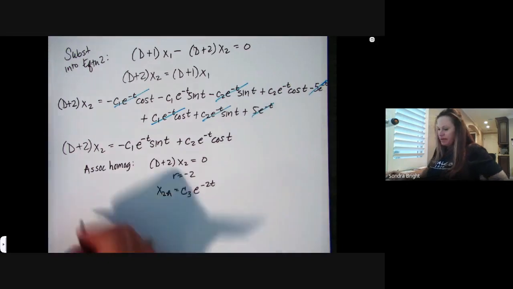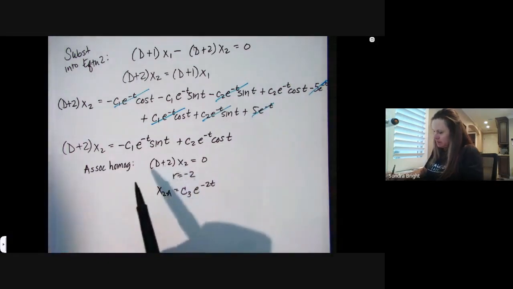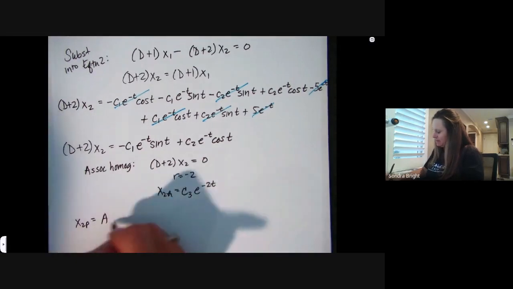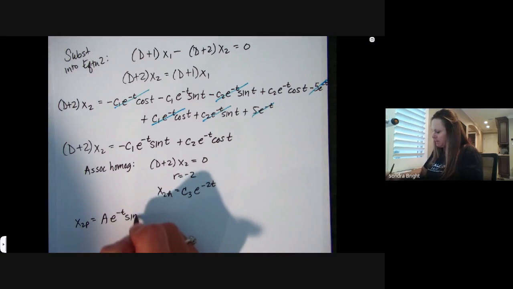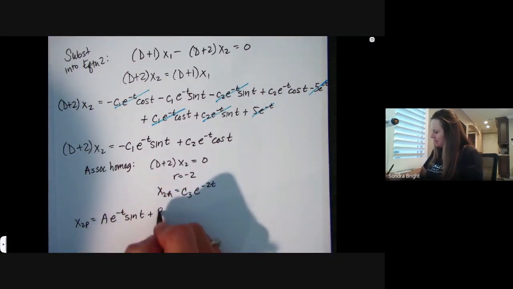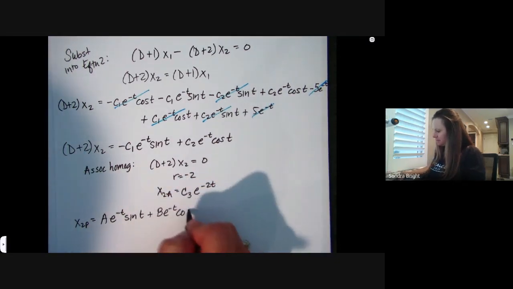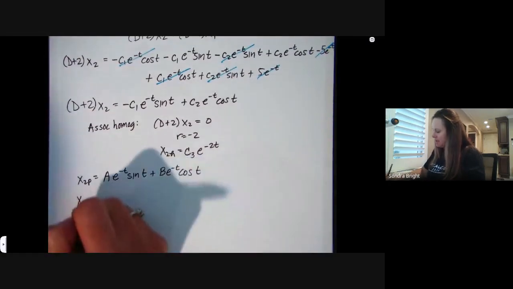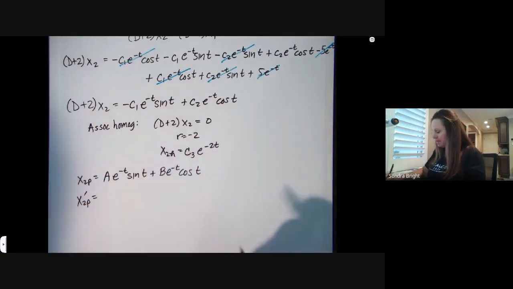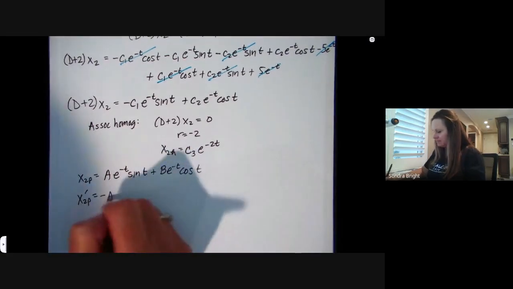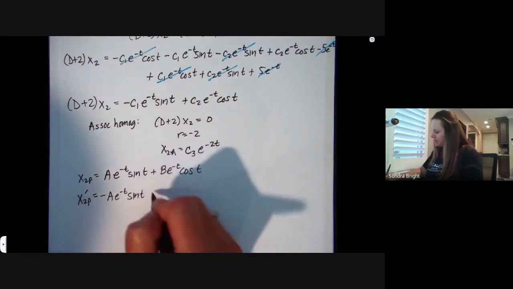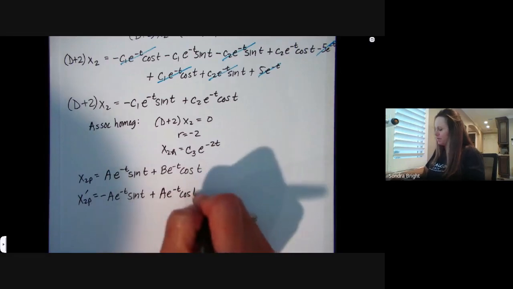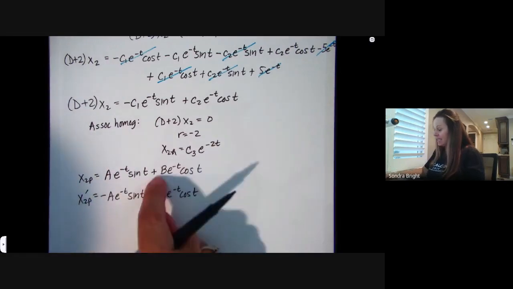Now, the particular is going to be a e to the negative t sine of t plus b times e to the negative t cosine of t. And so the first derivative of that guy is, again, product rule. So a negative a e to the negative t sine of t plus a e to the negative t cosine of t. That was just the derivative of this guy. Do the same thing here. Again, it's product rule.